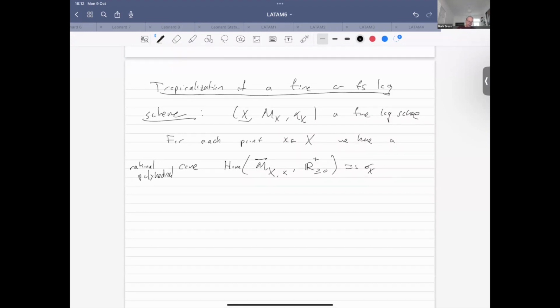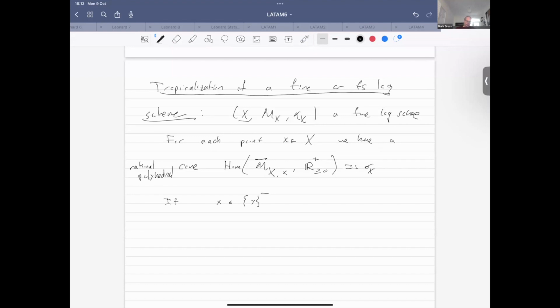Now, another thing we have is if x is in the closure of the point y. Okay, if you're not that comfortable with schemes, this is going to look a little bit strange. But in scheme theory, there are these things called generic points corresponding to non-maximal ideals, and it's possible that a point by itself isn't a closed set, but you can take the closure.